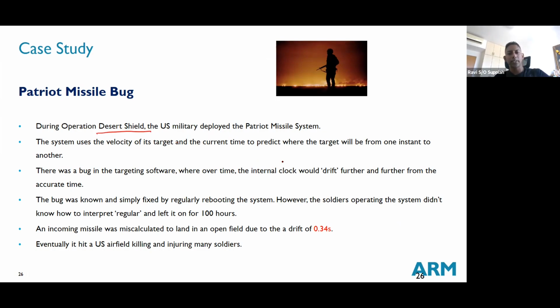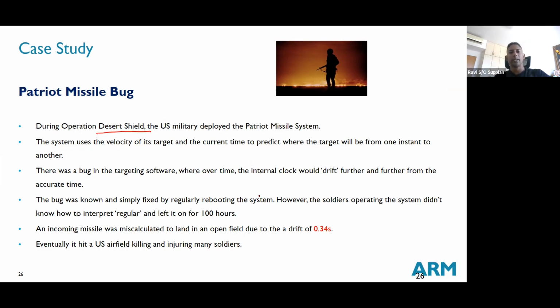Operation Desert Shield was a US military operation, and at that time they had the Patriot missile system, where any incoming missile you can counter with another missile and blow it up before it hits the ground. It's a highly complex system. It uses the velocity of its target and the current time to predict where the missile will land.